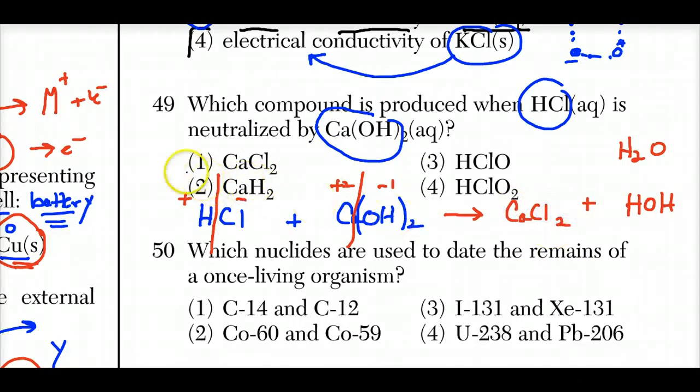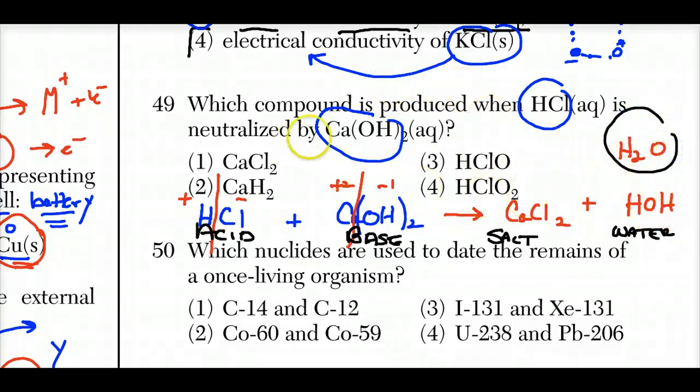HCl is your acid, and the base make your salt and water. They could have put water as a choice, but they didn't. But the salt made is calcium chloride. Basically, it's a double replacement reaction.